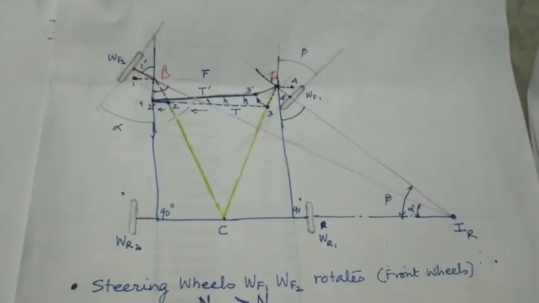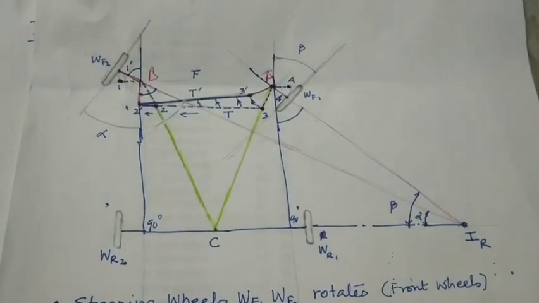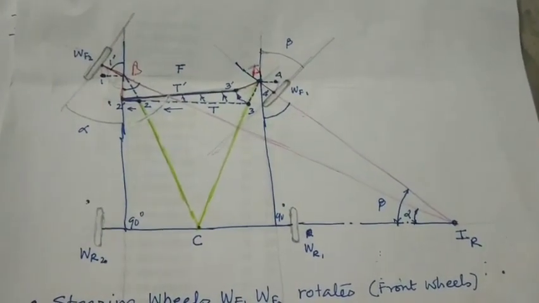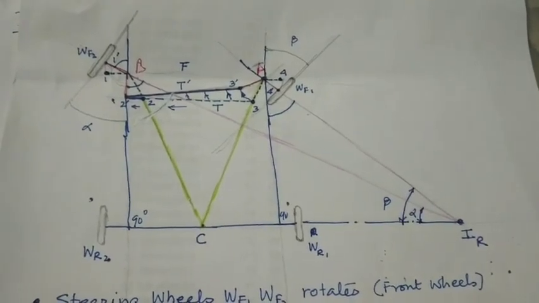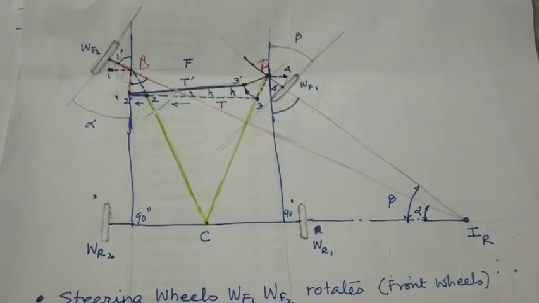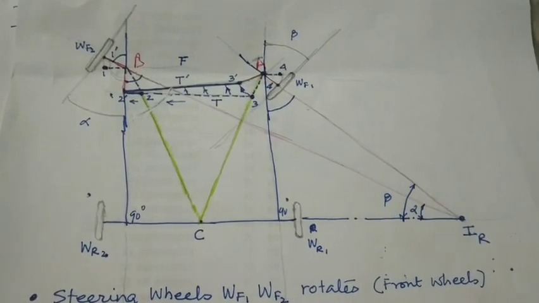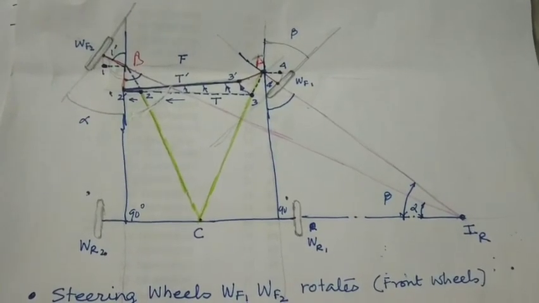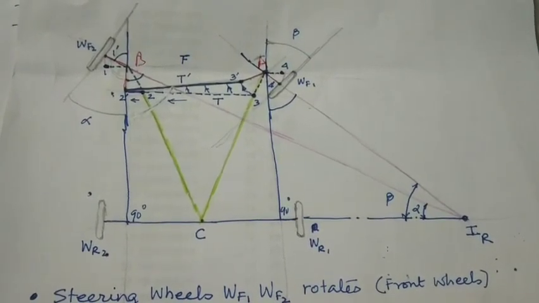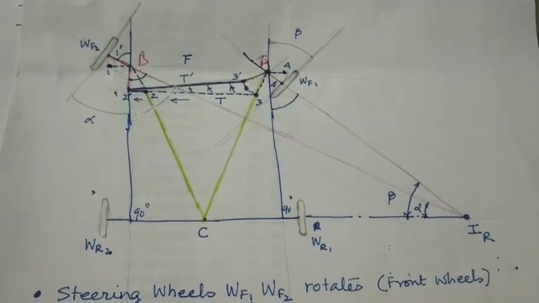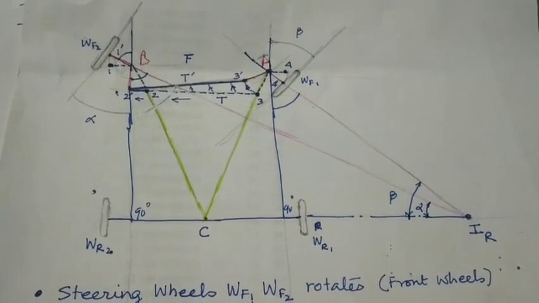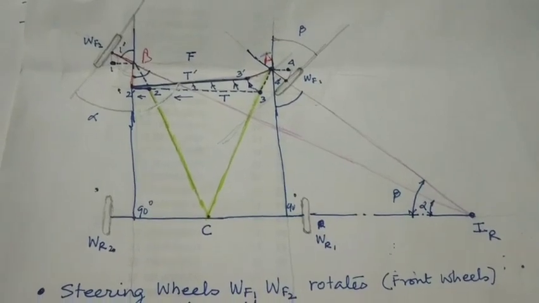This is adjusted because of the changes that we have made from the 4-bar mechanism to Ackermann's principle, and this is how it accommodates in order to minimize the wear and tear of the wheel and gives you stability of the wheel.